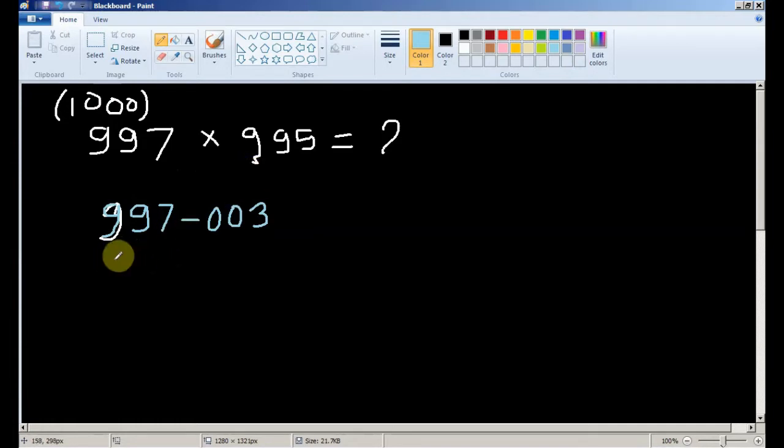Similarly, you write down the second number, which is 995, and the difference is going to be 5, so you write 5 and write 2 zeros to take up 3 places. It's not just 5, it's going to be 005.